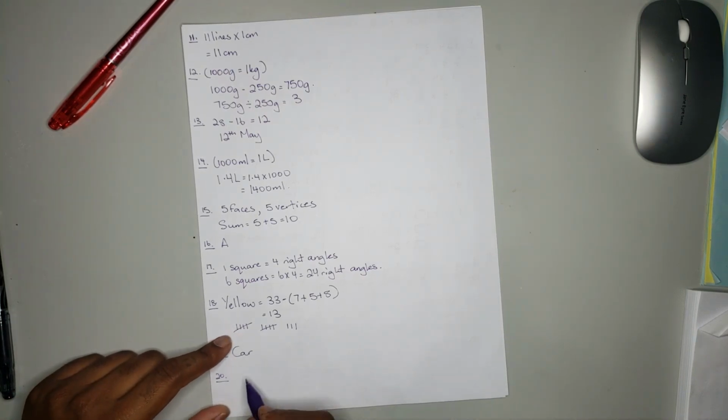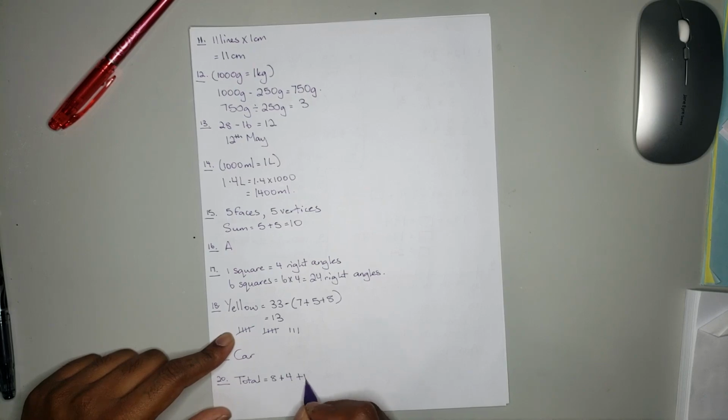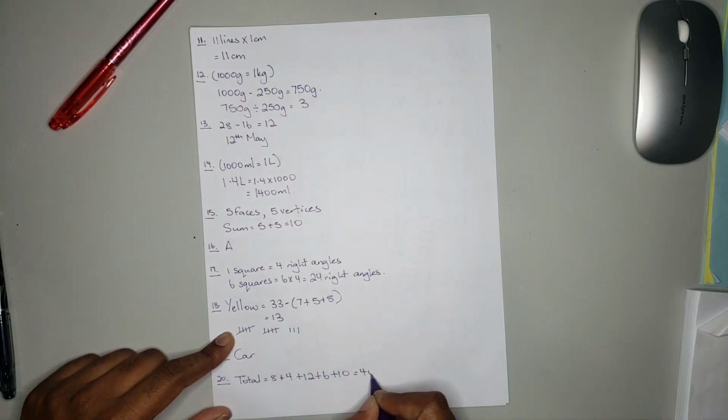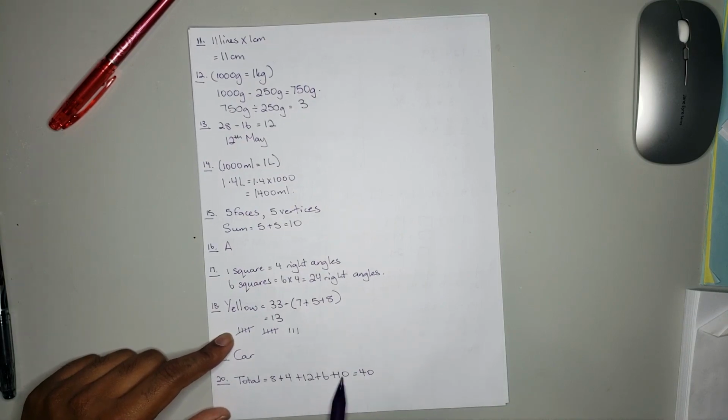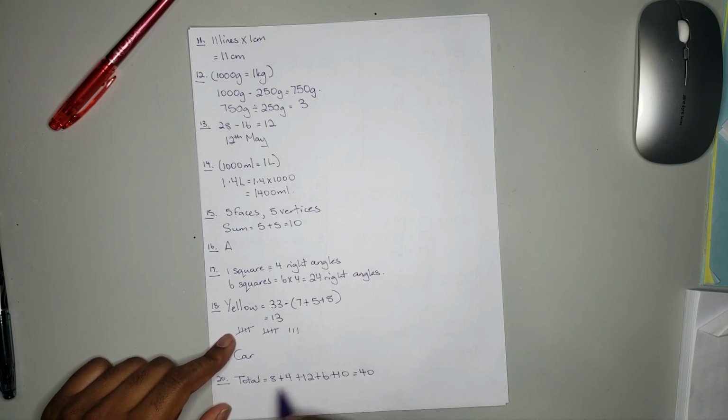Before we could calculate the mean, we need to calculate the total, or the sum. So total is equal to 8 plus 4 plus 12 plus 6 plus 10, which is equal to 40. Alright, so 10 is 20 and 20 is 40. Good. 40 is the total amount.